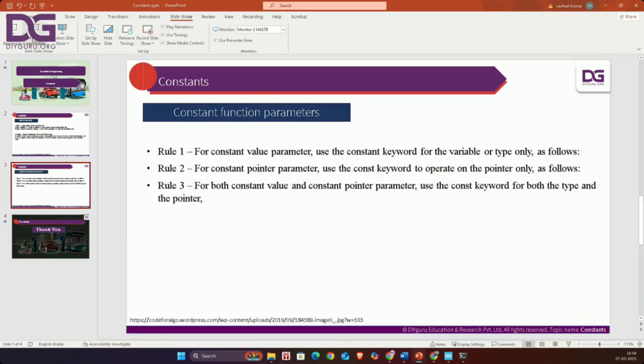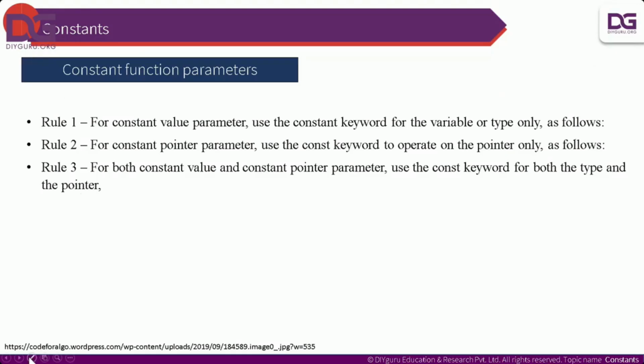For a constant value, you need to put constant, then the variable data type, then the name. For the constant pointer, you need to put the variable data type, then star, the constant, the pointer variable. So it is your data type, constant keyword, and the pointer variable.